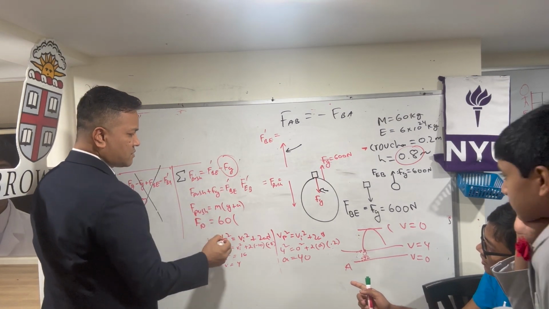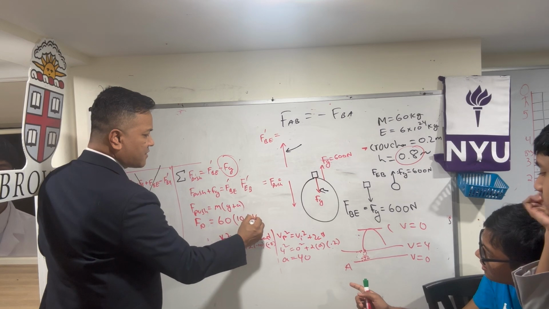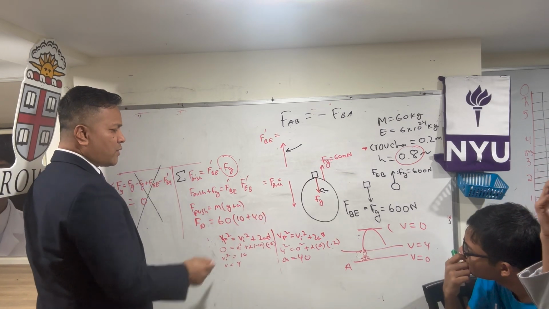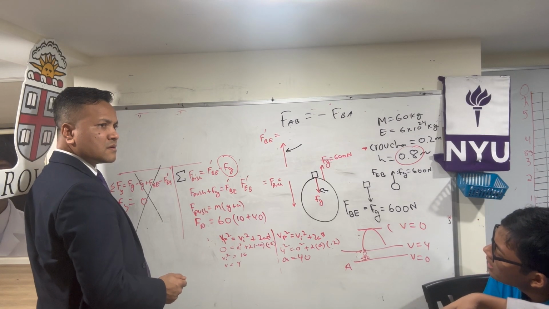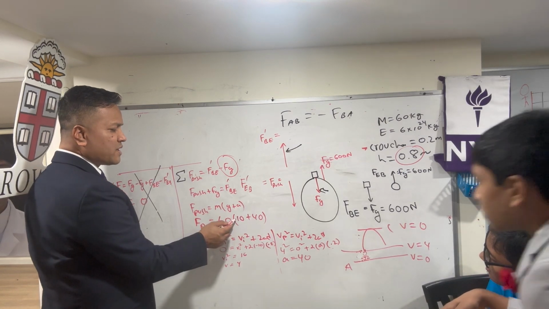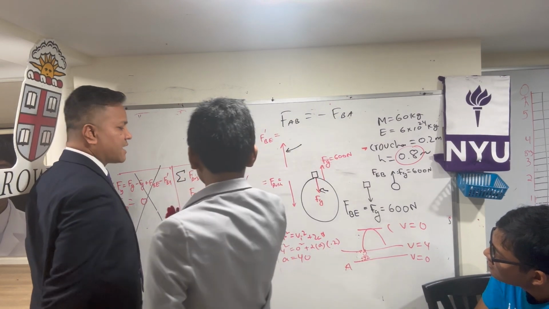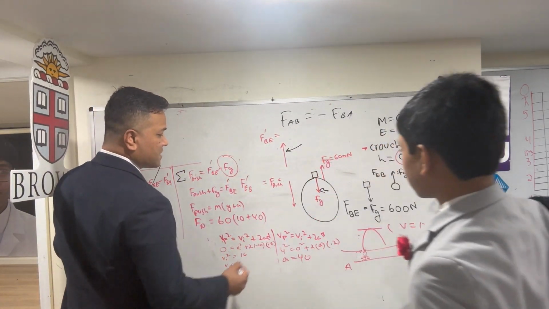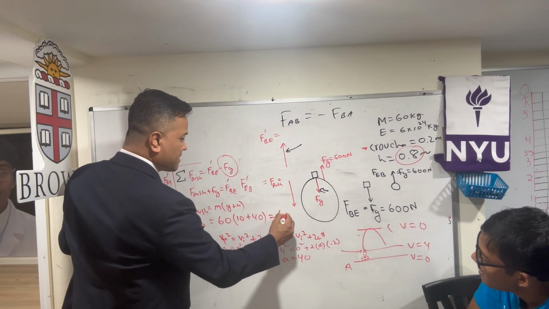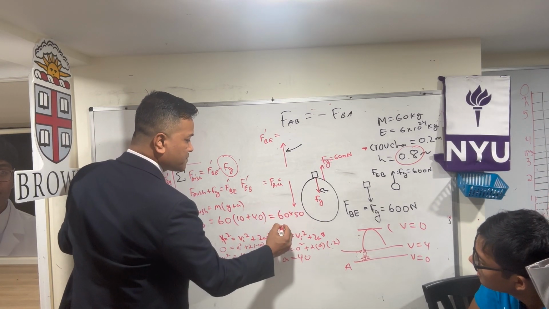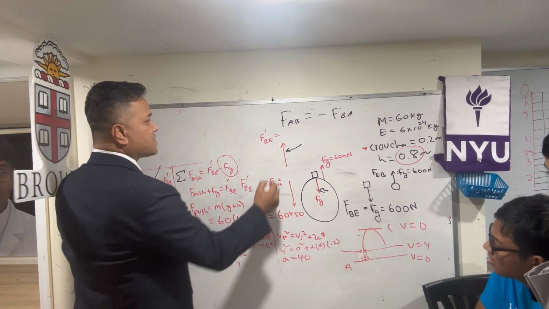So this is 10 and this is 40, right? So 50. Why aren't we putting negative 10? Because we already negated it. So 60 times 50, how much? 3,000. So this one is 3,000.